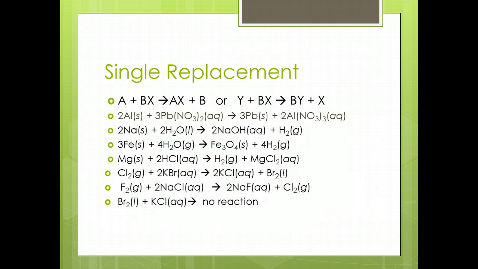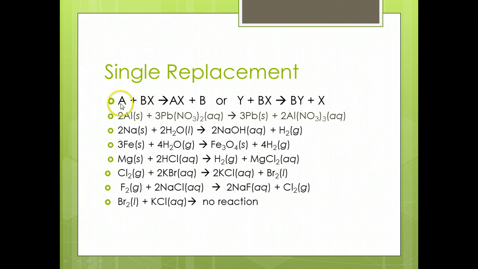So single replacement. Single replacement is where I take an element as a cation and replace the cation of a compound and make a new compound and a new element of that original cation.